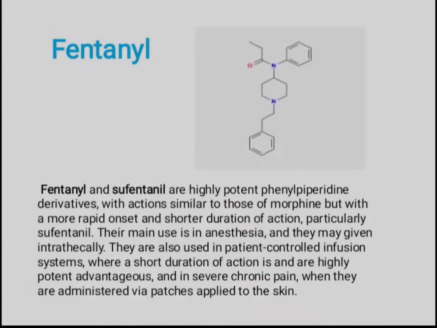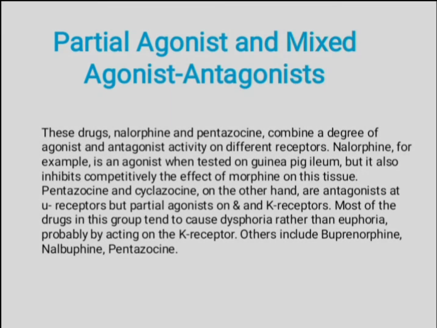Then the last example is fentanyl. Fentanyl and sufentanil are highly potent phenylpiperidine derivatives with actions similar to those of morphine but with a more rapid onset and shorter duration of action, particularly sufentanil.